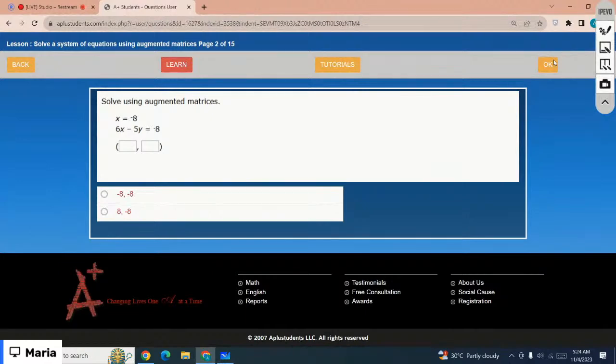Okay, solve using augmented matrices. So x equals negative 8 and 6x minus 5y equals negative 8.